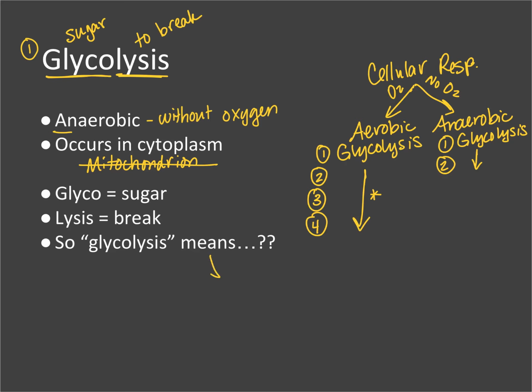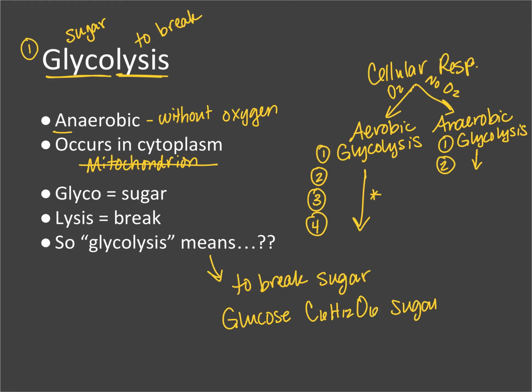And that's exactly what happens during this chemical reaction. We're going to start by looking at our glucose, which is C6H12O6, which is a sugar. And we are going to break that sugar down into something else to get these reactions started.